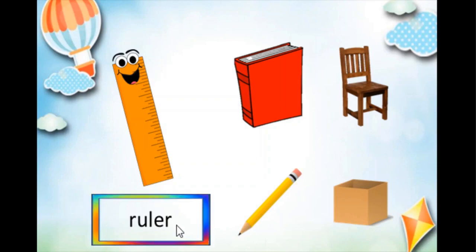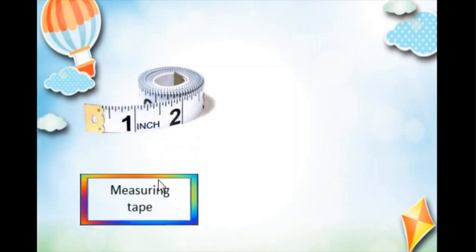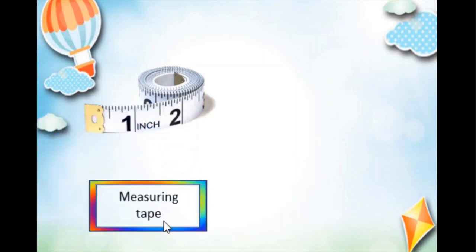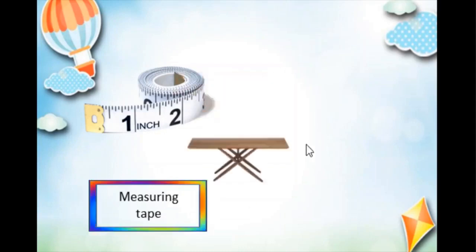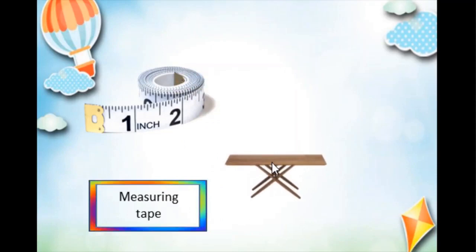Okay? We also have this one. What is this called again? Very good. It's a measuring tape. Good job. And a measuring tape can be used to measure a table.